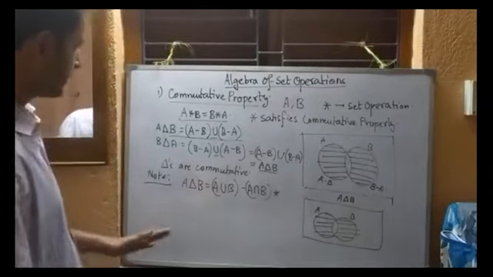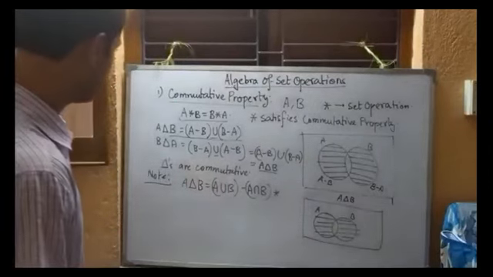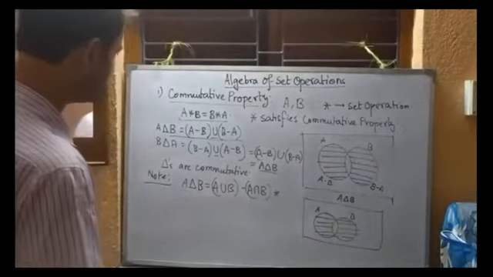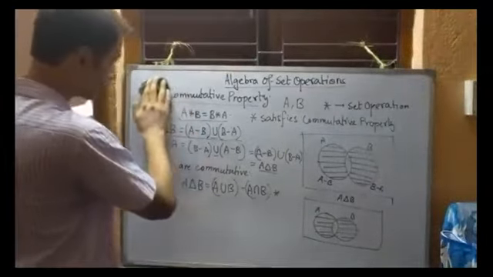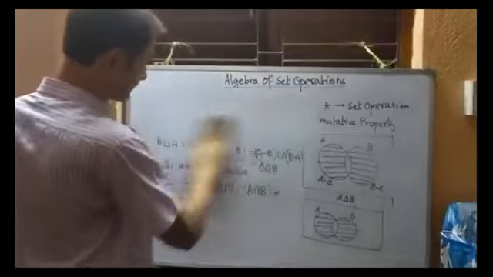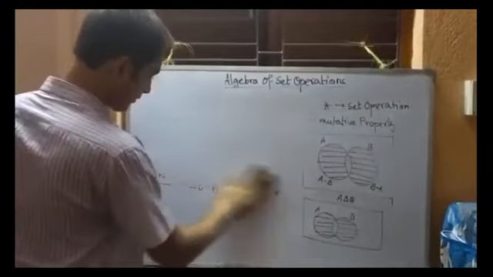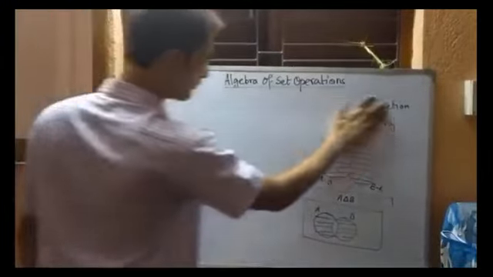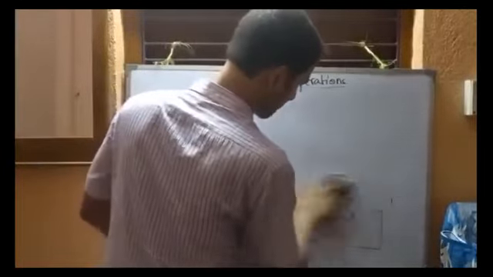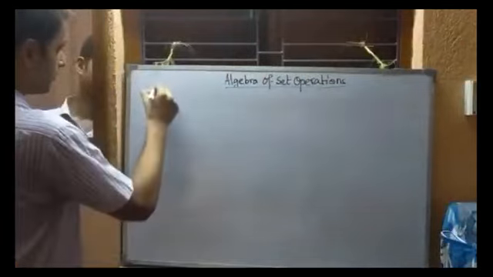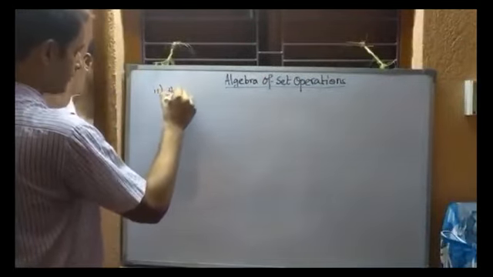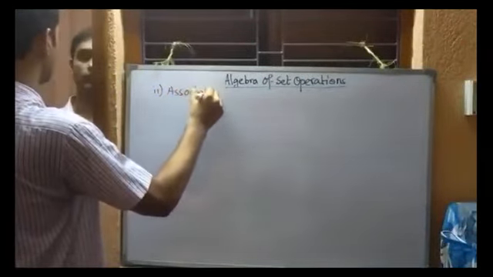Okay, so this is the commutative property for the set operations. Next we come to the associative property, number 2.